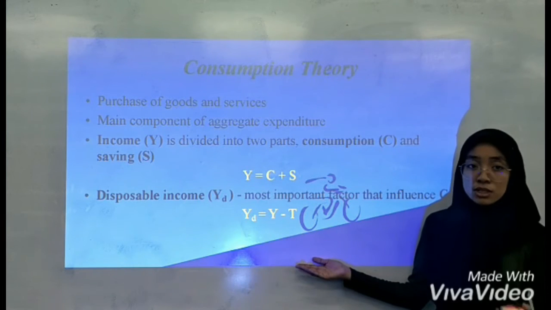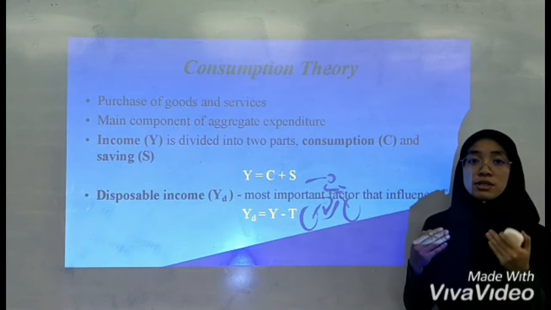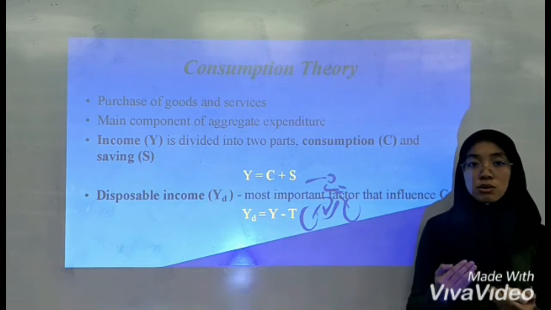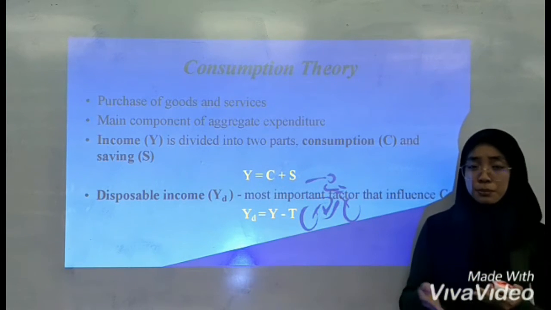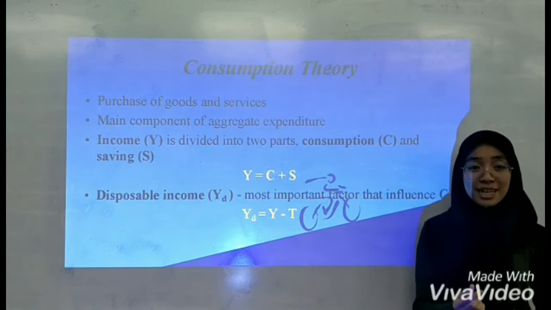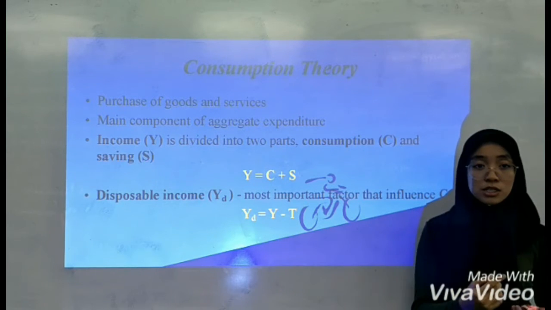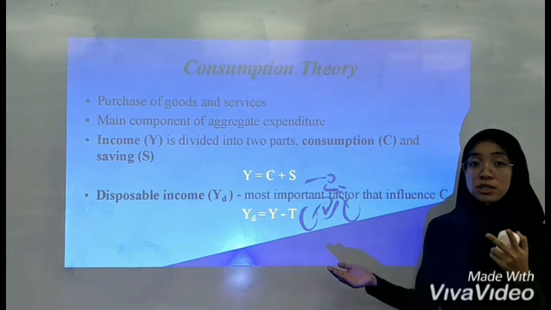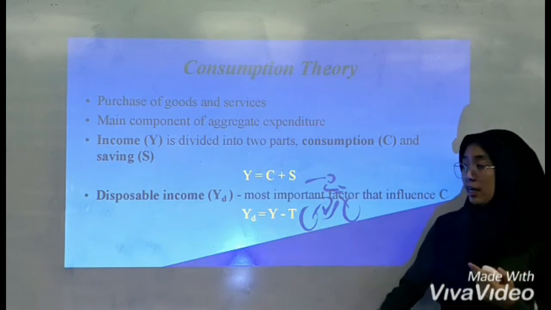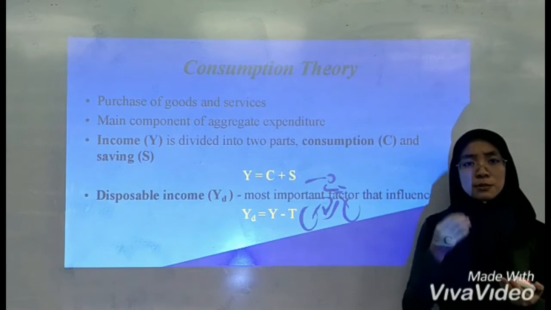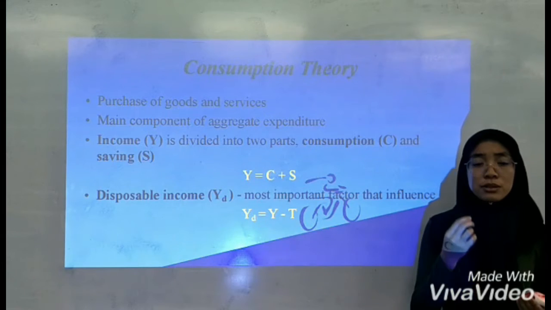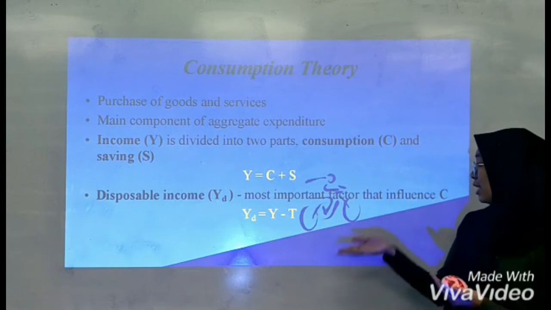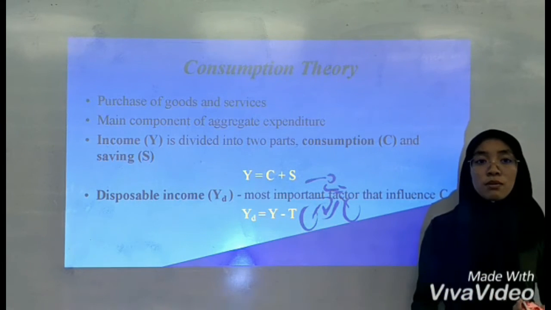For the consumption theory, consumption is the purchase of goods and services made by the households of the economy. Consumption is the main component of aggregate expenditure. Income is divided into 2 parts, which are consumption and saving, as in this equation. Disposable income is the most important factor that will influence consumption.